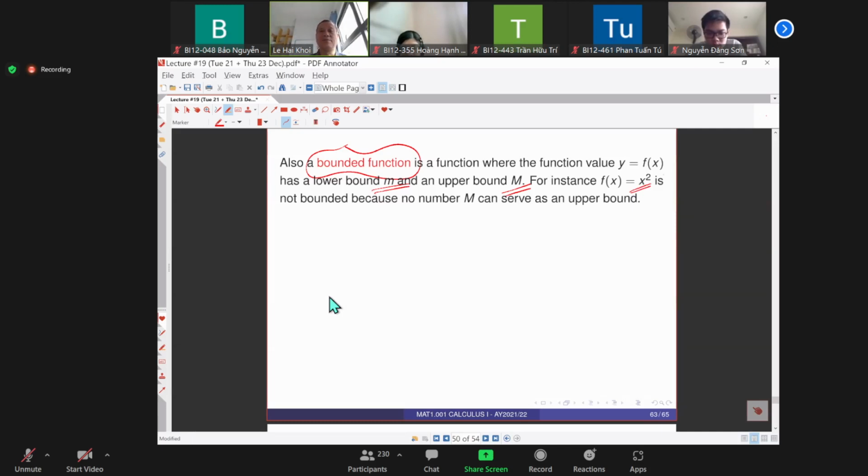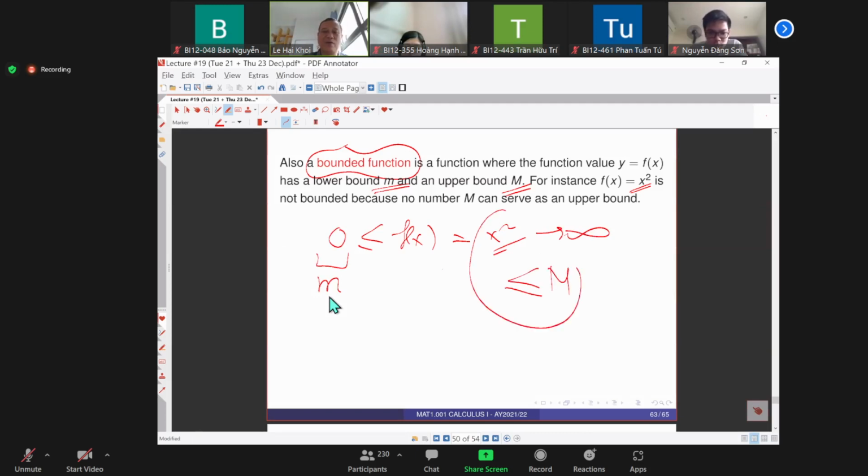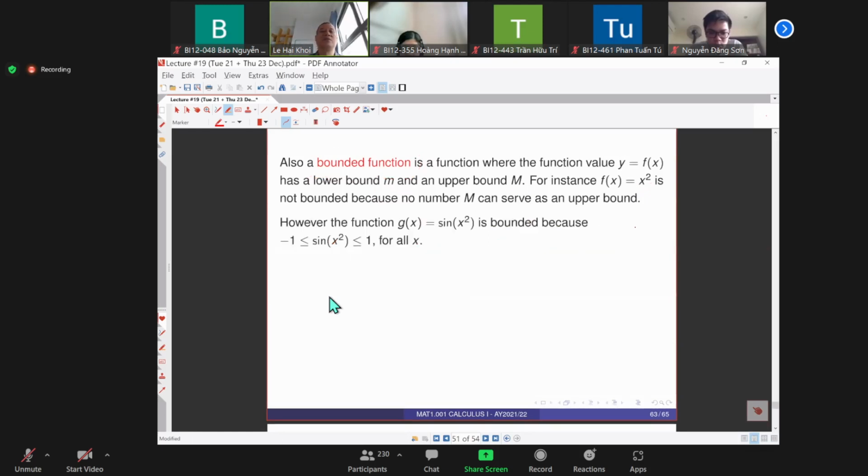This is not bounded because f(x) is x squared, of course, bigger than or equal to 0. This is small m, but this tends to infinity. You cannot find any number for which you have that one for all x. No, because this tends to infinity, not bounded. Okay, so but this one, if you put x squared inside, and even for all x, x squared tends to infinity.